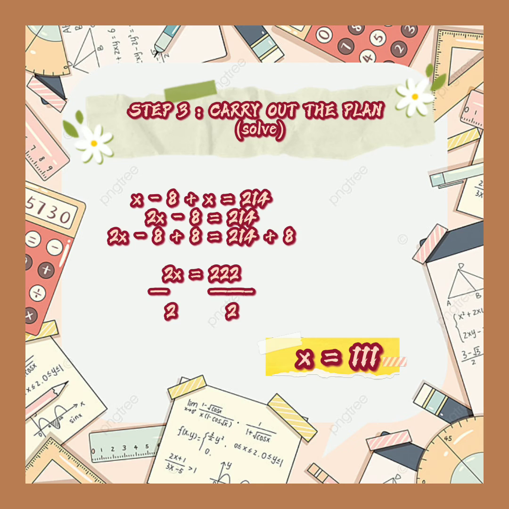So 2x minus 8 plus 8 equals 214 plus 8. And then the opposite of multiplying by 2 is dividing by 2. So we will come to 2x divided by 2 equals 222 divided by 2. So the answer is x equals 111, which is another number.